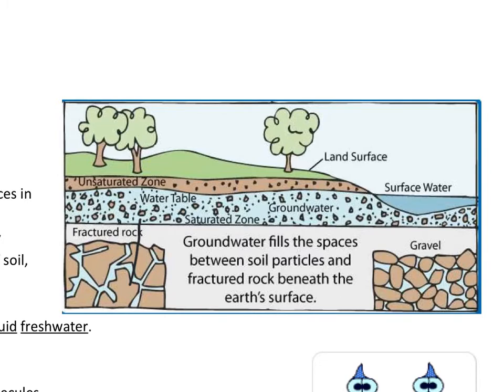So up where we have the happy little trees, little Bob Ross action, you have the terrain, and then when the precipitation comes down, it's going to initially infiltrate through this area that we call the unsaturated zone, or the other term we like to use, and you'll start seeing in the coming days, the zone of aeration. Now, that doesn't mean there's no water there. It just means that it's not filled, right?